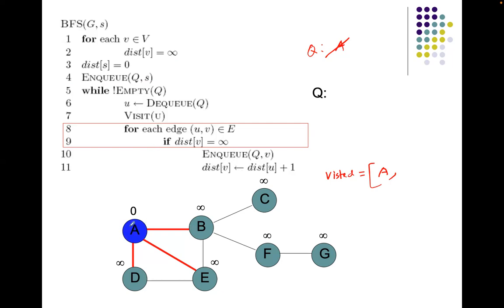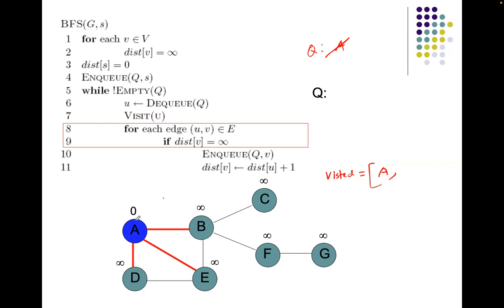Now we're going to explore the edges of A, and all the immediate neighbors of A. The immediate neighbors of A we can explore by following the edges to B, E, and D. First we are going to enqueue them, but before that we are going to check whether the dist value of each neighbor is infinite or not.